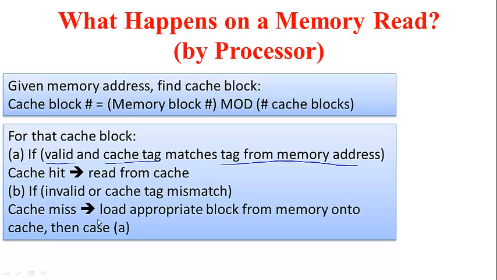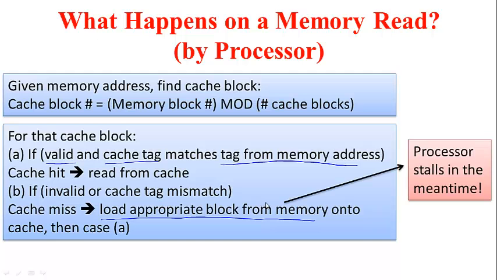Now, during a cache miss, this process of loading the appropriate block from memory onto cache corresponds to the miss penalty, and during this time the processor will potentially stall. Since this miss penalty involves accessing main memory, which we know is much slower than the cache memory, this can involve several cycles or several tens of cycles of processor stall.